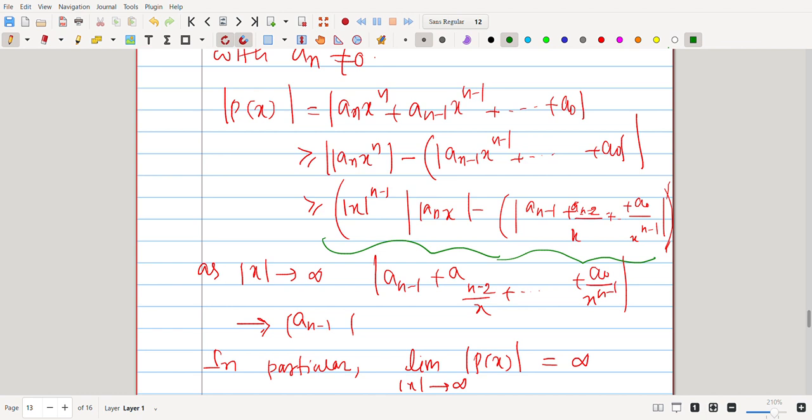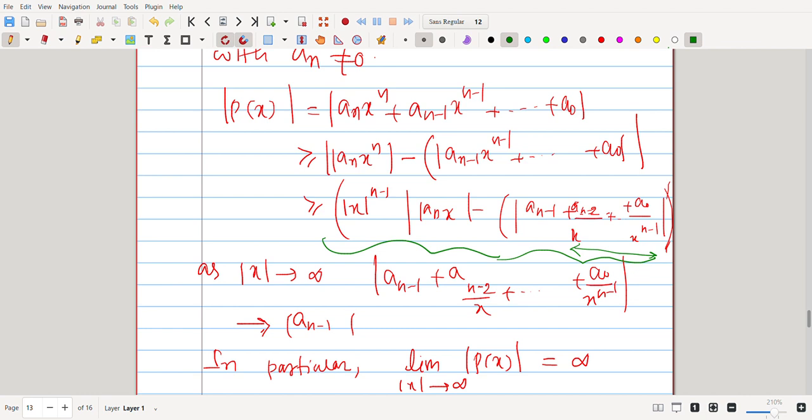Except this part, all this section goes to 0 as mod x tends to infinity, so this section goes to a_n, and then definitely this section goes to infinity as mod x tends to infinity. n is a fixed degree here.